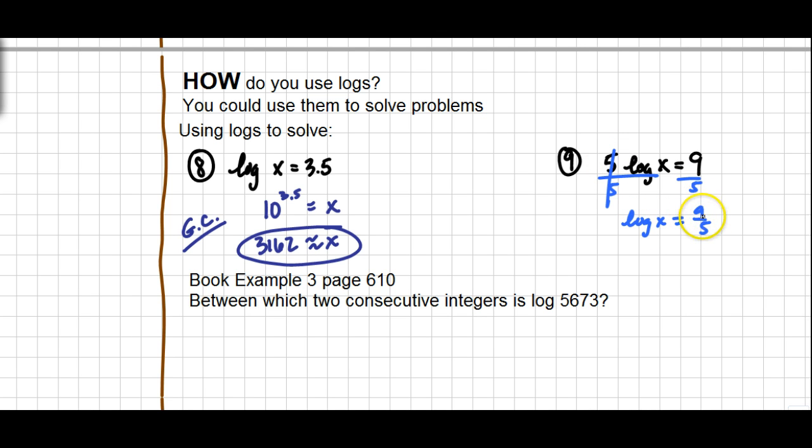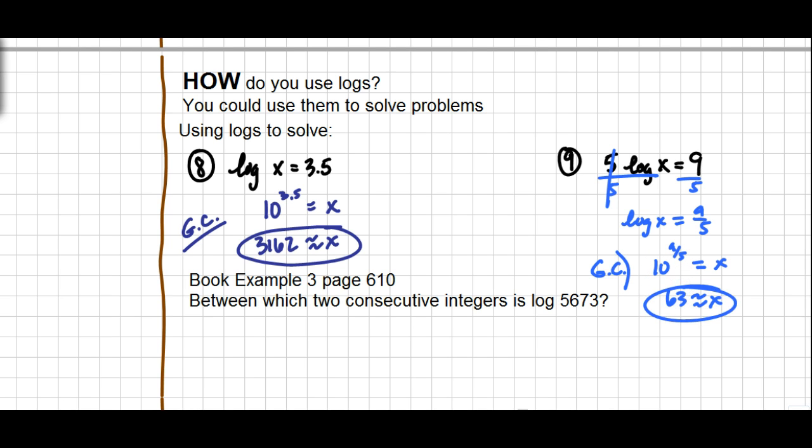I could go ahead and get a decimal for that number if I wished, or you could just leave it, because we know that in the next step we're going to rewrite it in exponential form. It's a base 10 problem because there's no base listed. The 9/5 is the power, and I'm trying to get to x. Again, this would be a graphing calculator portion where you would literally type in 10 to the 9/5 power. When you do that, you get about 63 for x.